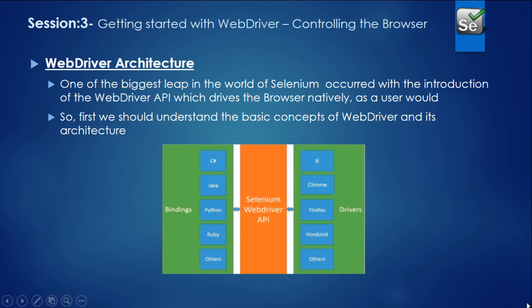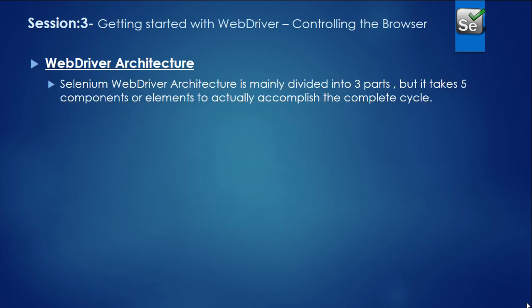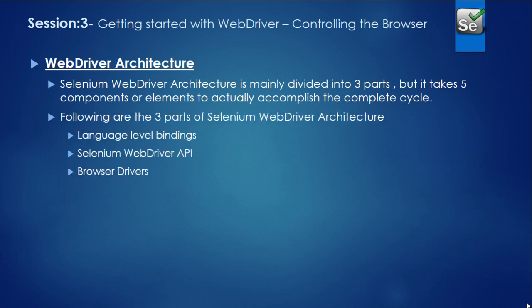So now let's have a look at the WebDriver architecture in a bit more detail. As we had seen, Selenium WebDriver architecture consists of three main parts, but it actually takes 5 components to accomplish the complete cycle. So let's review the three parts first. These are the language level bindings, Selenium WebDriver API, and the browser drivers. The language level bindings are with which you can implement the Selenium WebDriver code.